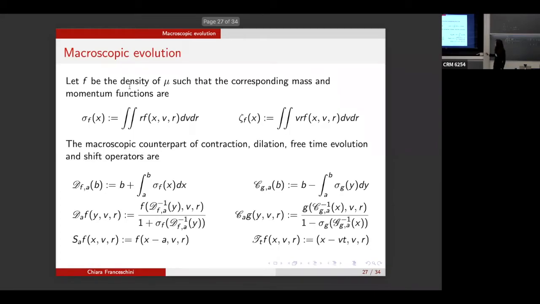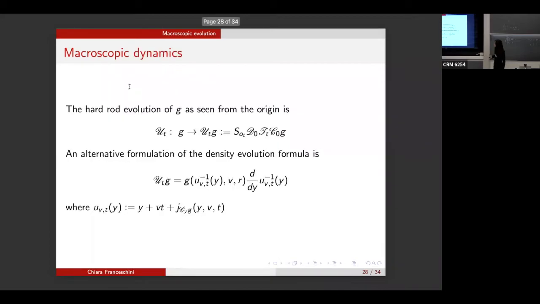And given these operators, precisely as we did before, you can describe G_t. So G_t is your evolution curly U_t applied to the initial G, which can be given in terms of these operators.